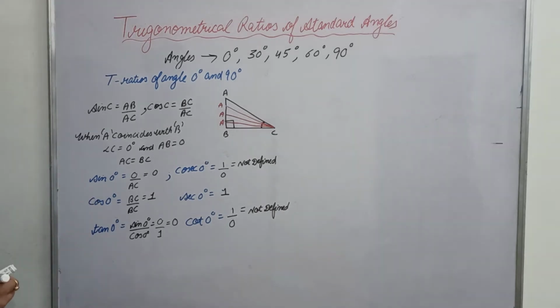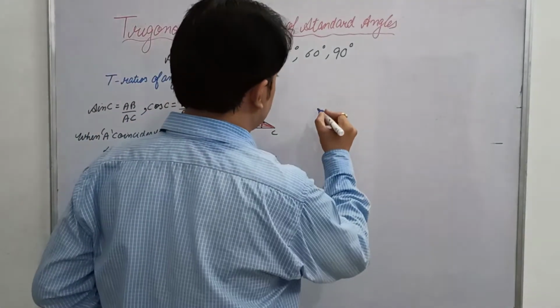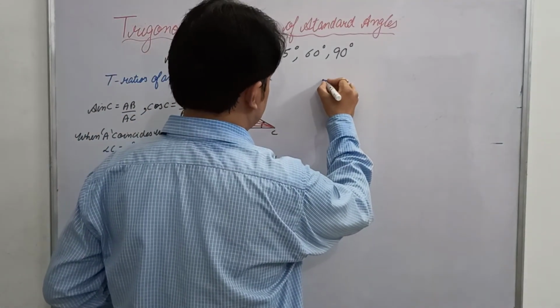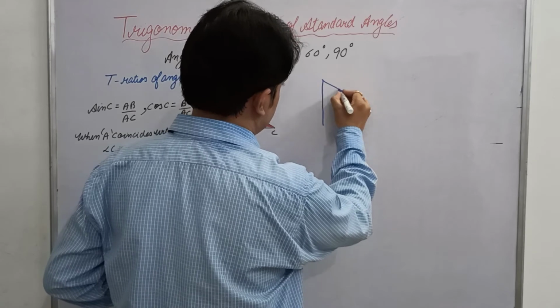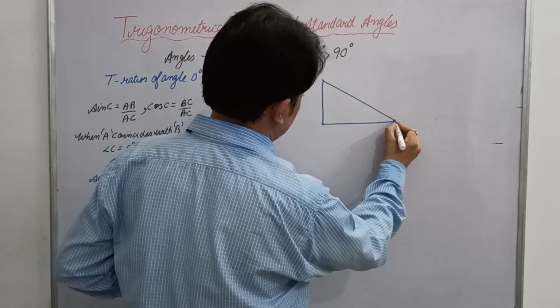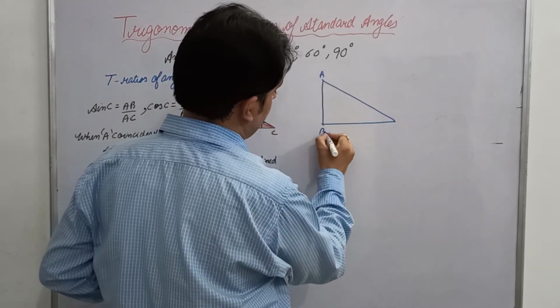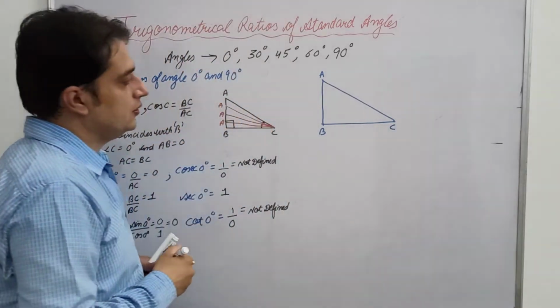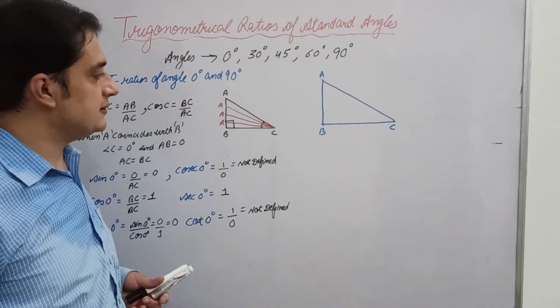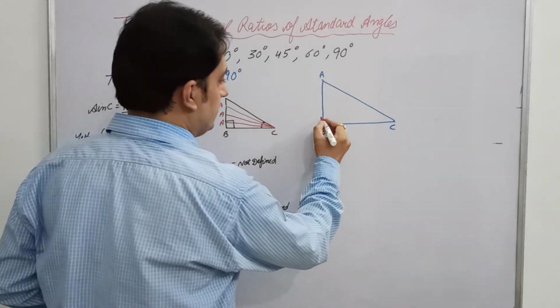For the values of T ratios of 90 degree, again consider a right angle triangle ABC. So in this case, this is a right angle triangle.